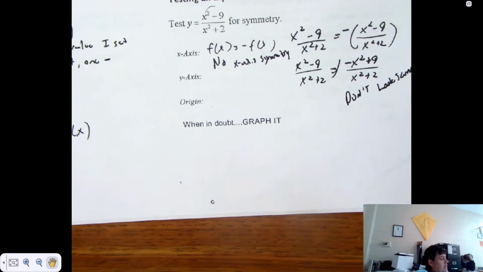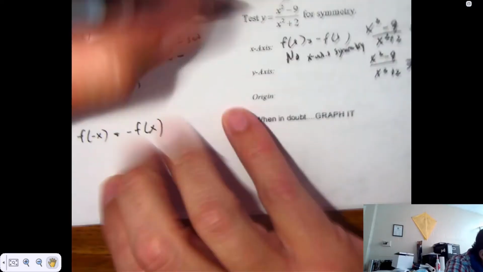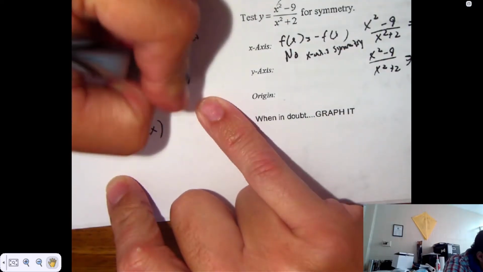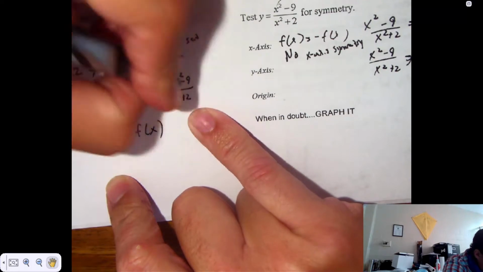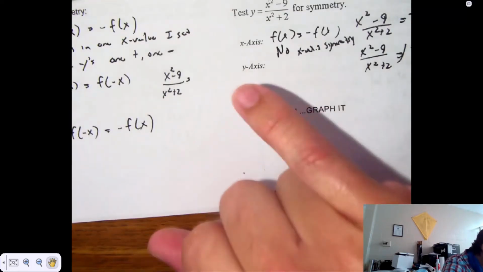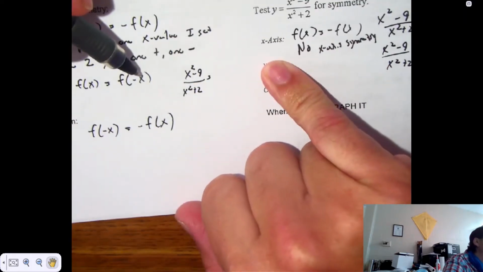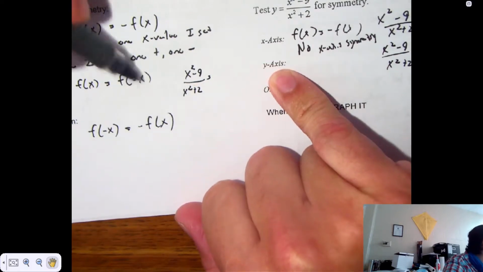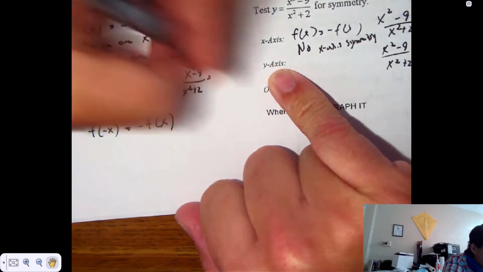Well, y-axis symmetry is where we compare f of x to f of negative x. So x squared minus 9 over x squared plus 2 must equal, everywhere I see an x in f of negative x, what do I replace it with? Negative x.